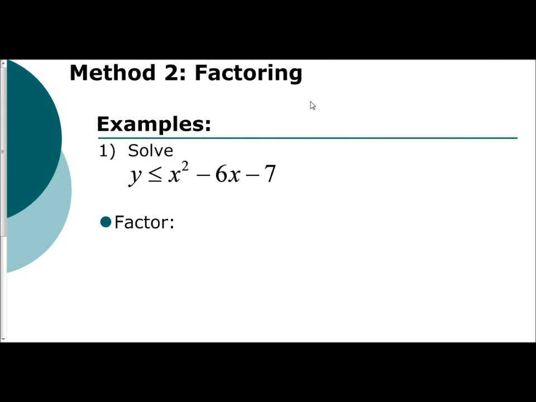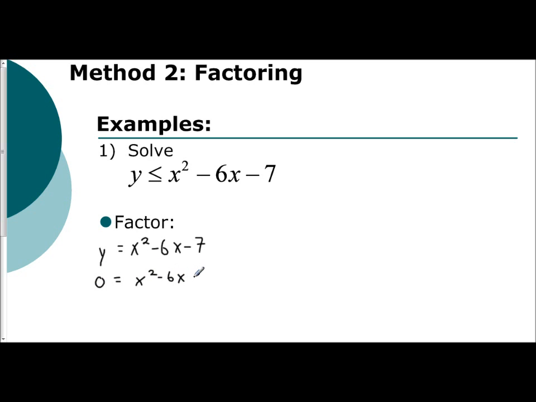We want to solve y is less than or equal to x squared minus 6x minus 7. So we are going to treat this like an equal sign, like an equation. So to solve, you set the y equal to 0, and you factor.